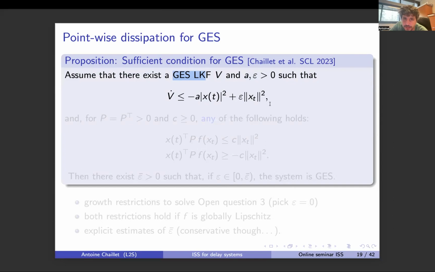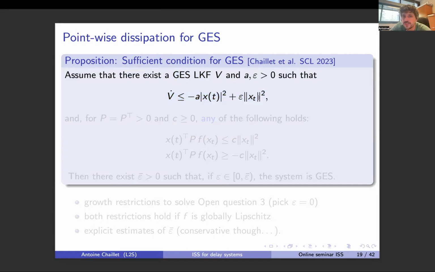This is rather surprising because if you look at this dissipation rate, V dot is not even required to be negative, because xt can be much larger than x of t. Just take a particular state for which x of t equals 0 and xt is equal to 1, then of course V dot has no guarantee to be negative here. Okay, but you assume this.